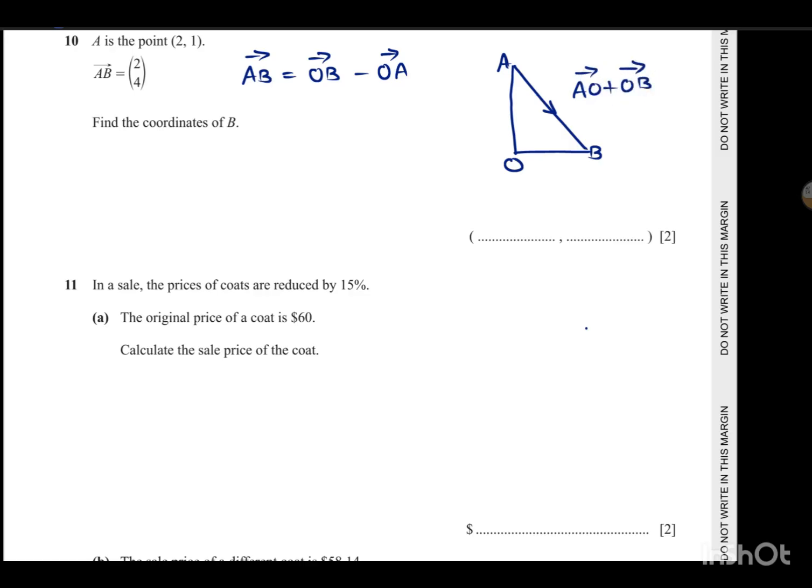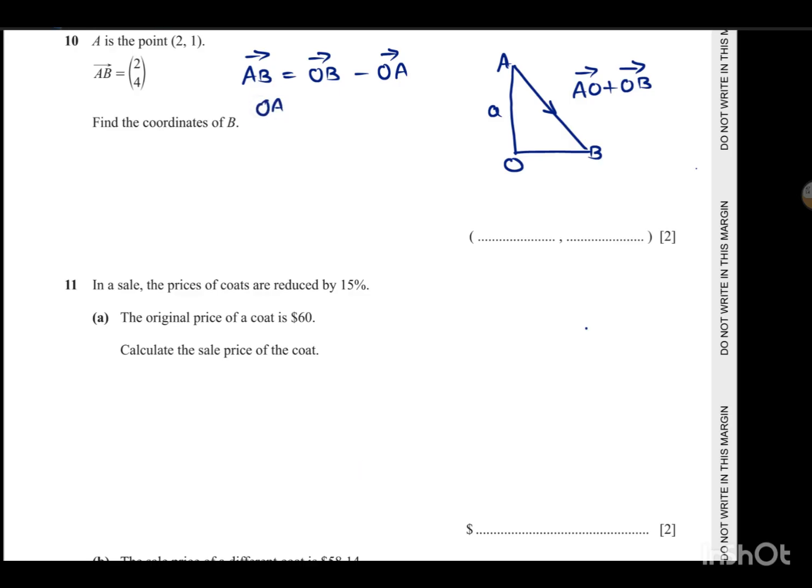Now suppose vector OA is a, that is position vector, and OB is b, then AO will be minus a and OB will be b. So that will be b minus a. So that's why we always take any vector from one letter to the other letter: you have to do position vector of the last letter minus position vector of the first letter.